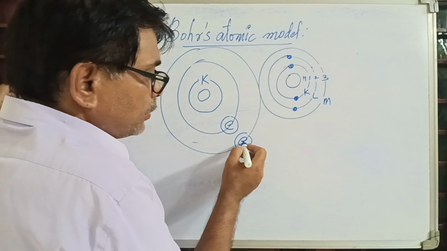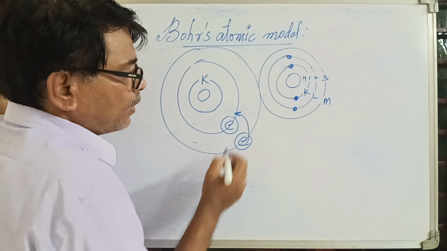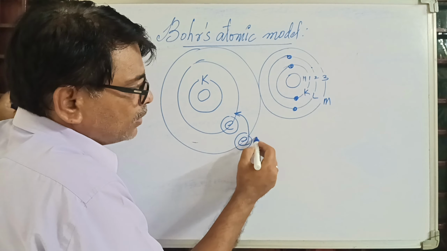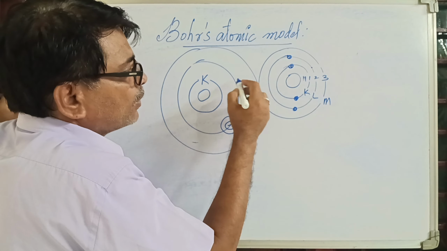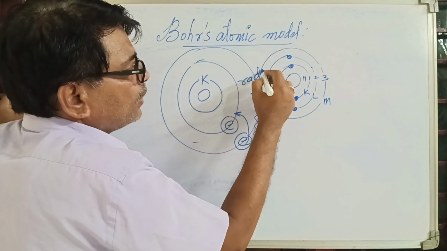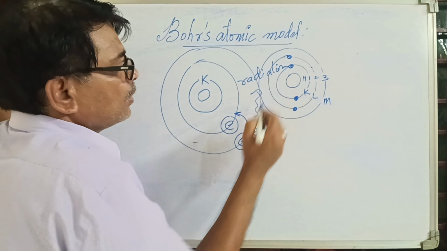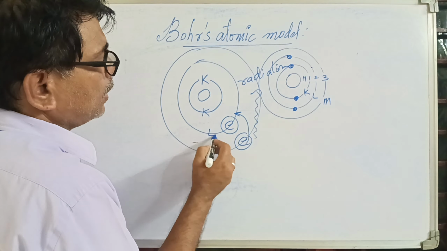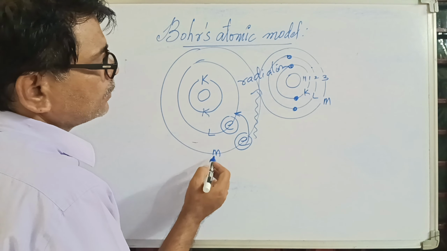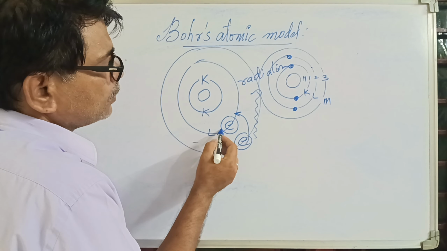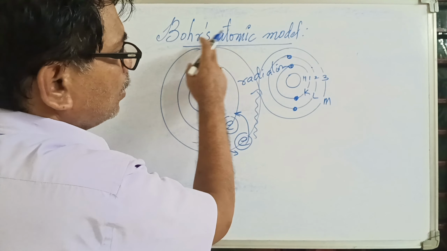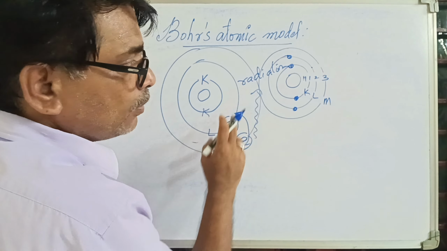So if a higher energy electron jumps into a lower one, then what happens? Since it has excess energy, it will give out the remaining energy in the form of radiation. Now when you compare K, L, M, N, this is lower, isn't it? So if an electron happens to jump from lower to higher, it is not possible for this electron to complete that revolution.